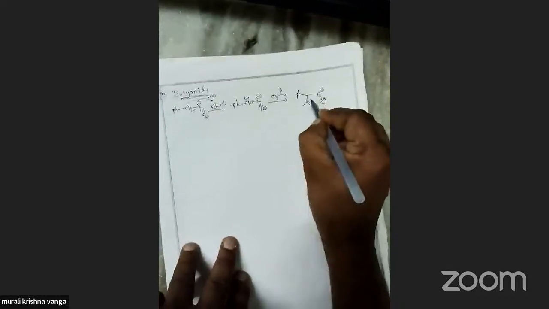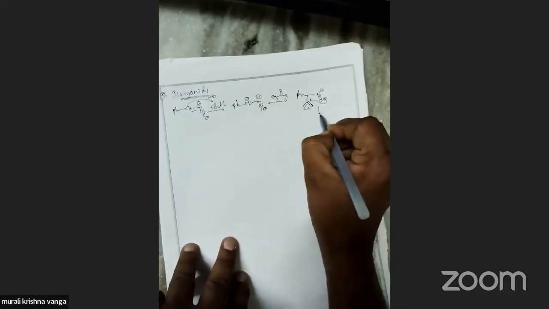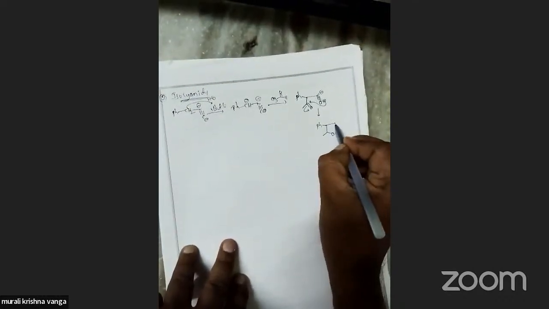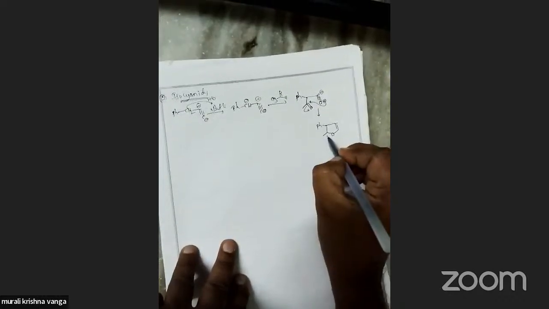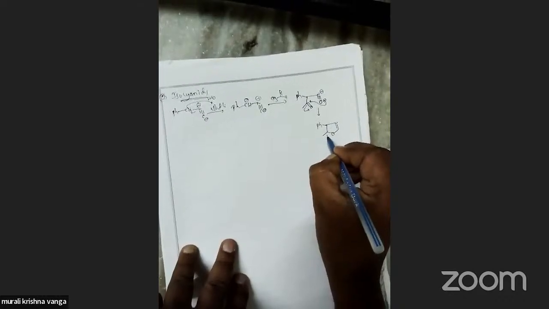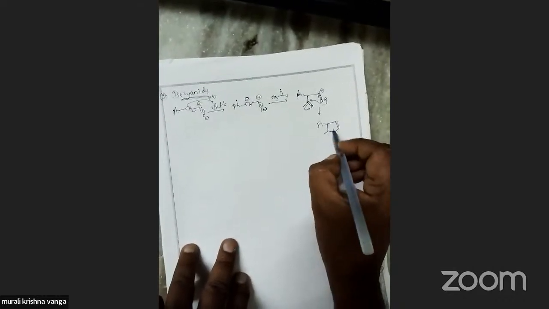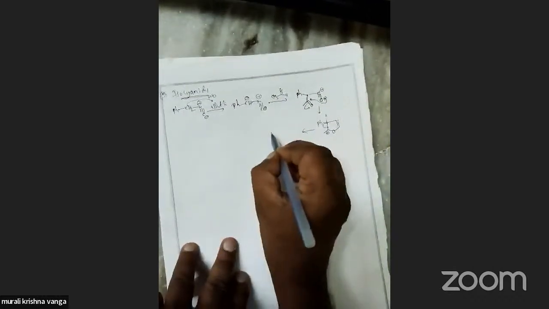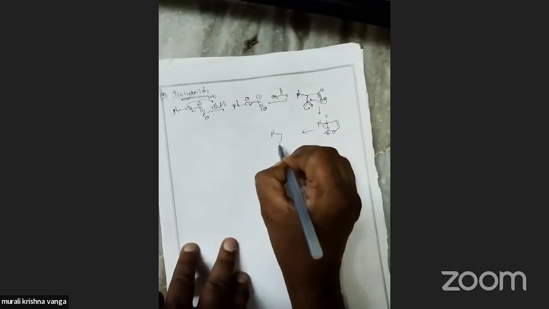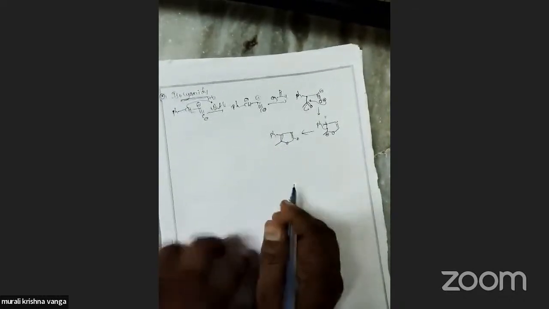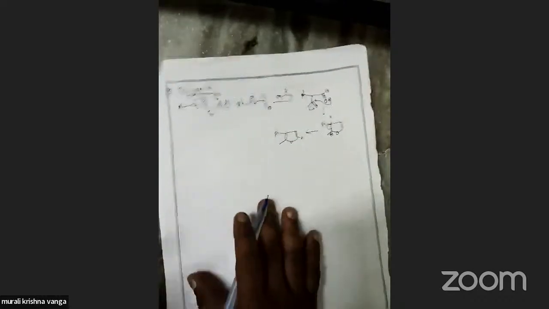It is attacked here, and then cyclization takes place, giving a positive charge here. Now it undergoes loss of a proton, and the product is formed. This is one method.